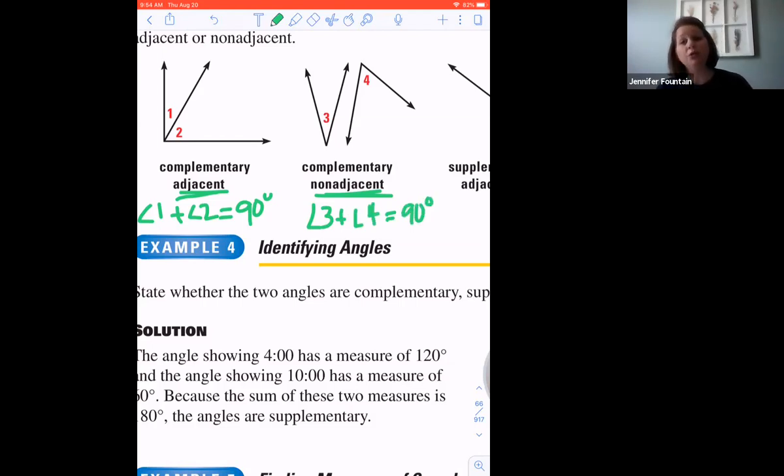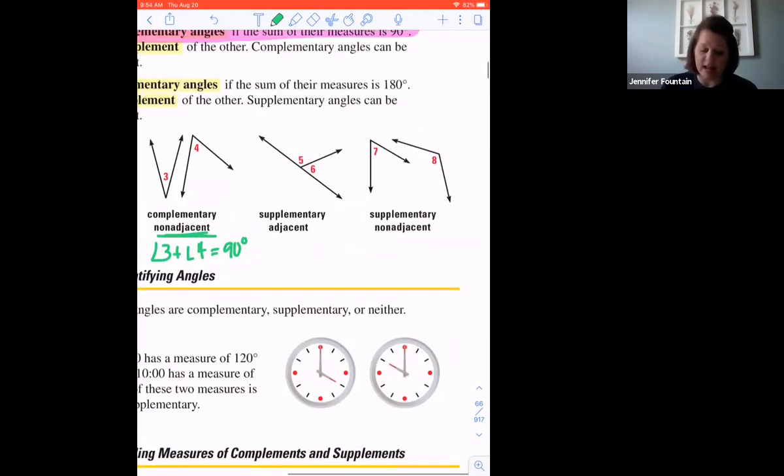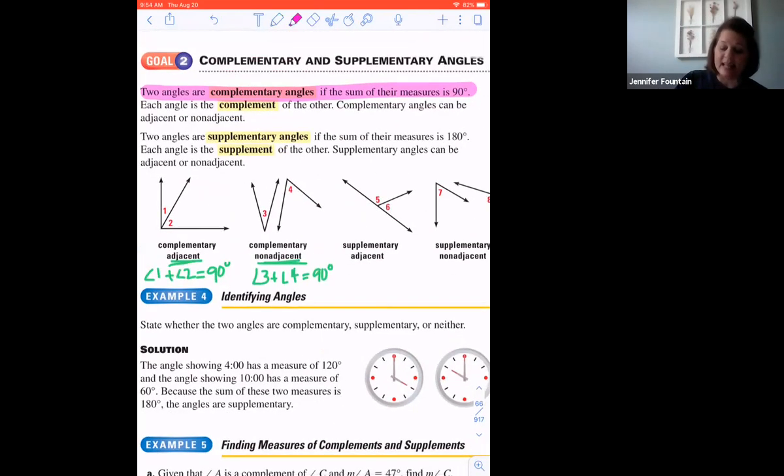So if I knew the measure of angle 3, I could subtract that from 90 to find the measure of angle 4 by understanding that complementary angles add together to equal 90 degrees. The next one is supplementary angles, and angles are supplementary if the sum of their measures is 180 degrees, or it makes a straight line.